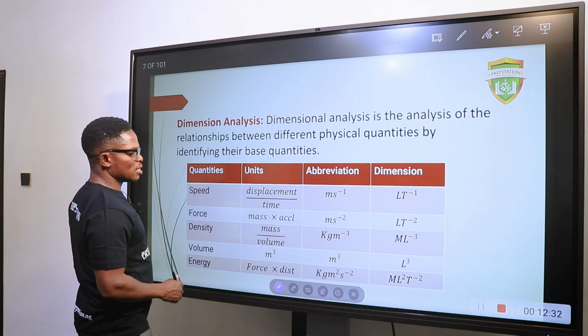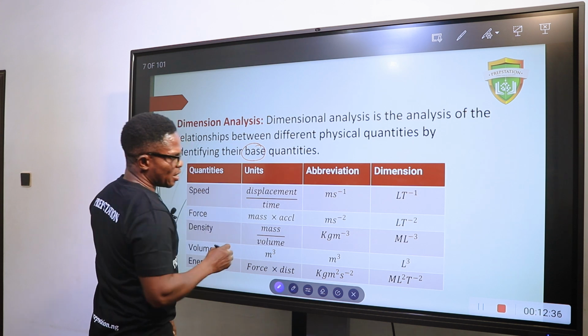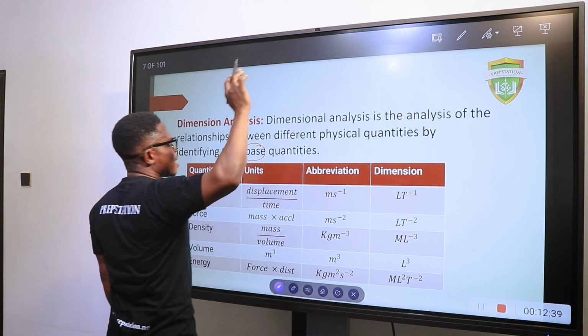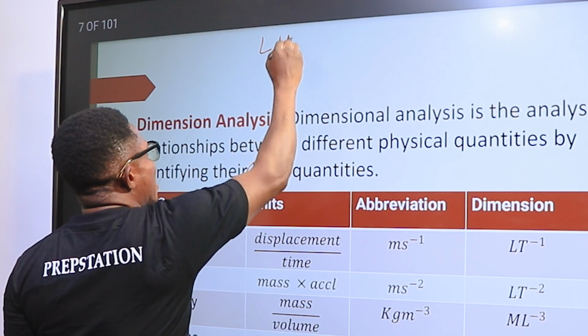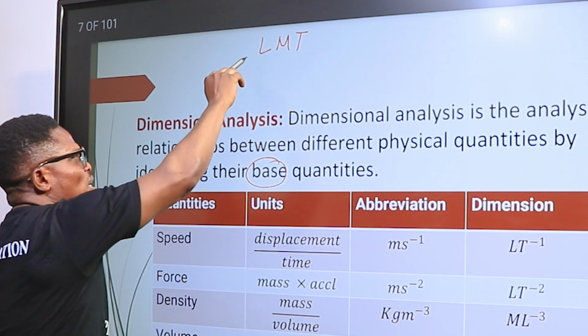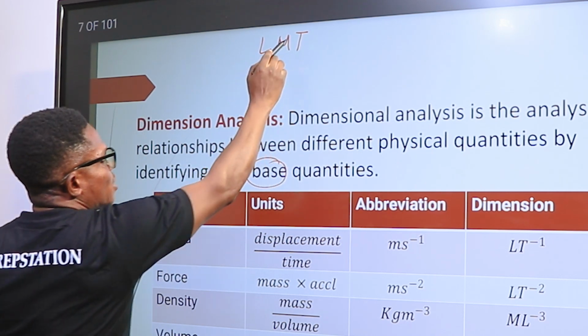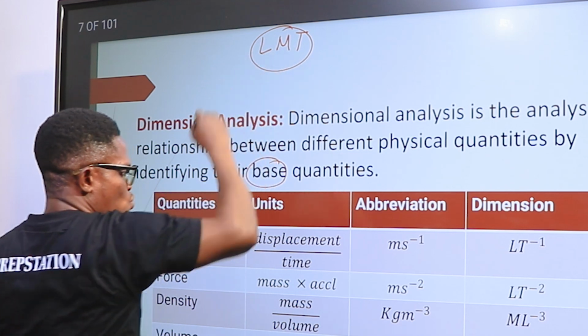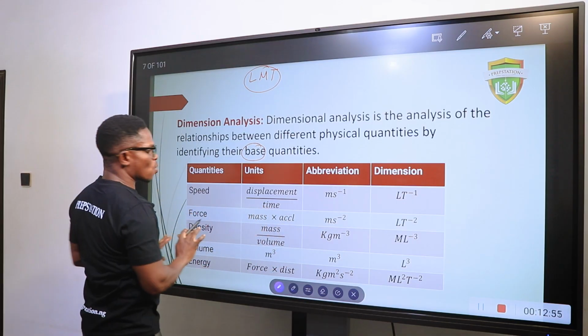In this case, I just want you to depend on the three base quantities. Remember, L, M, T. L for length, M for mass, T for time. If you just remember these three, you will be able to show the dimensional analysis of any quantity.